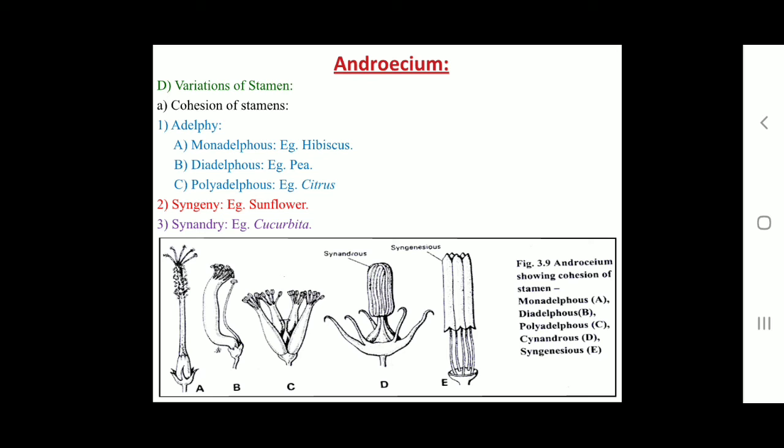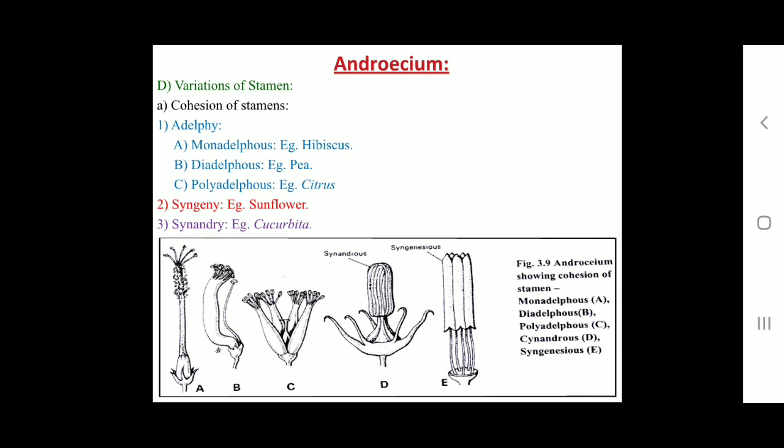See here, only the anthers of the stamens unite and the filaments remain free. Such condition is known as syngenesious condition. Example, sunflower. The anthers of all 5 stamens unite by their lateral margins to form an elongated anther tube. The filaments remain free. The style passes through the anther tube.